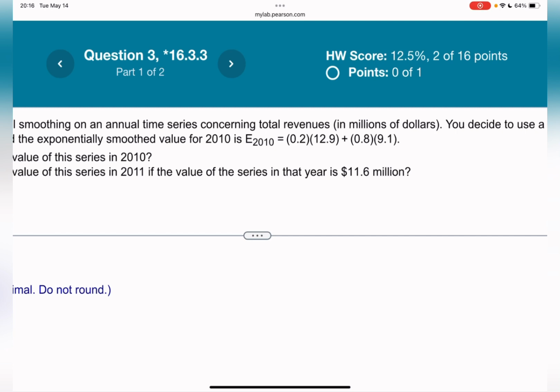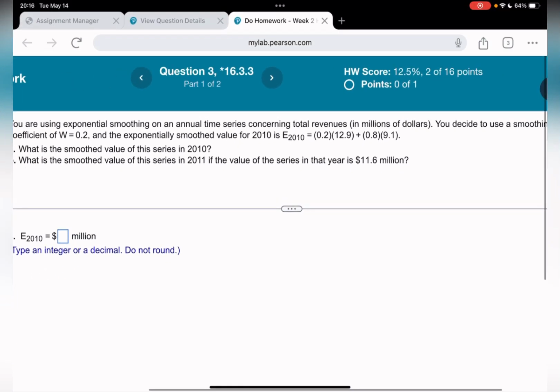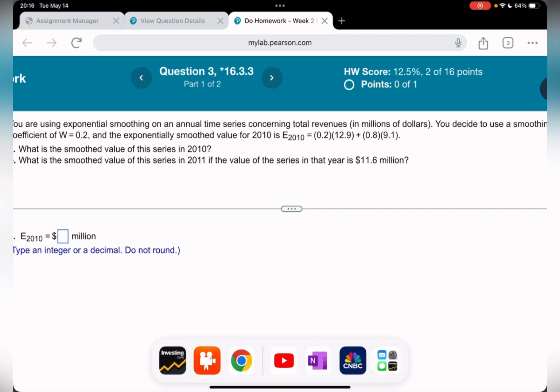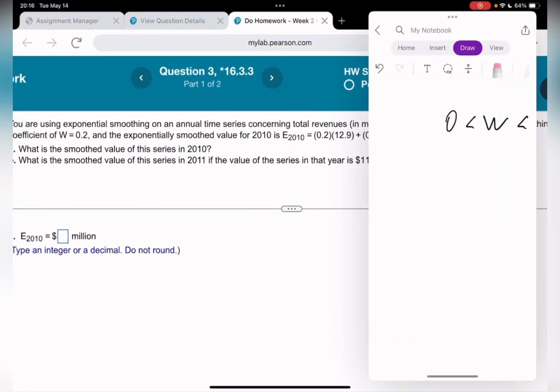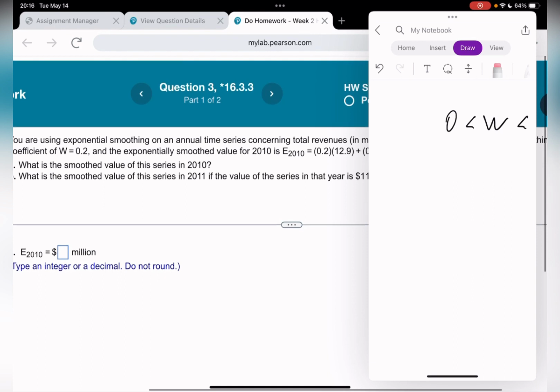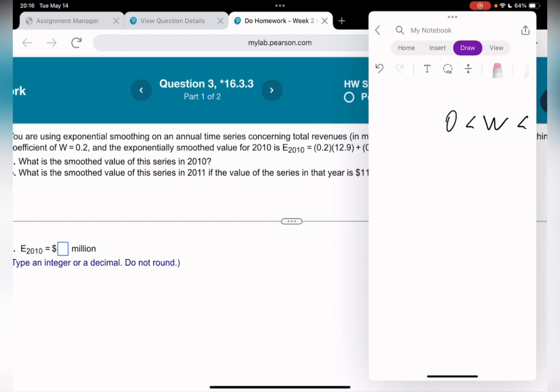It's the value of the exponentially smoothed series. For 2010, we have a formula and a calculation. Let me do it this way so I don't have to go back constantly.